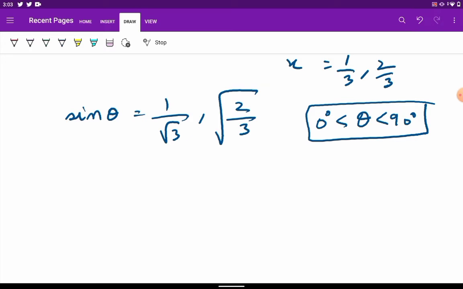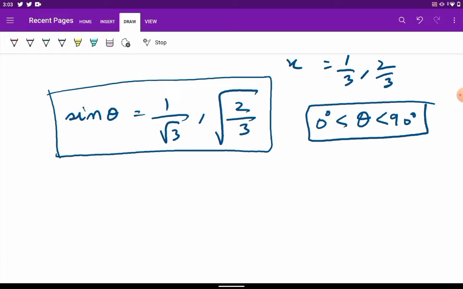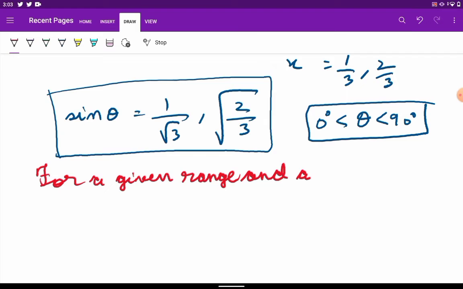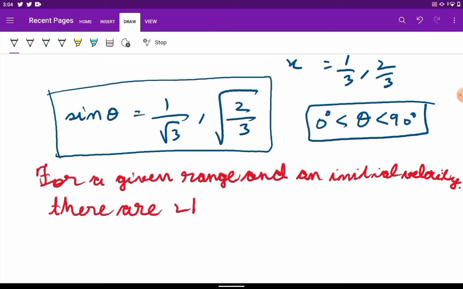You got sine theta. Now remember, this is a very important result, that for a given range and initial velocity, this is for a projectile motion of course, there are two possible angles of projection.